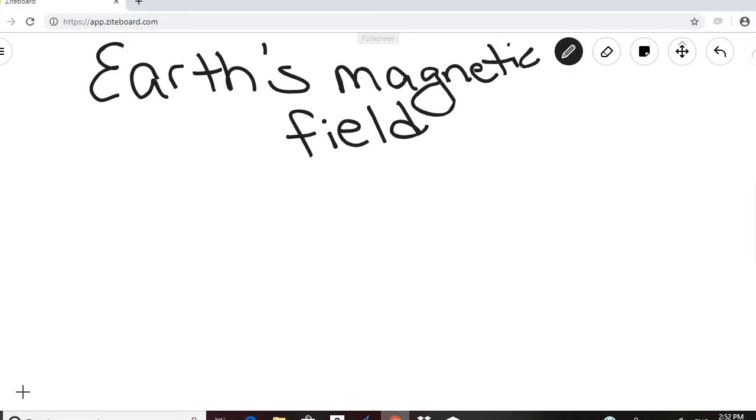Your book discusses some of the theories related to why Earth's magnetic field tends to be decreasing.